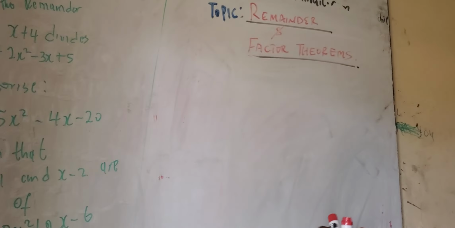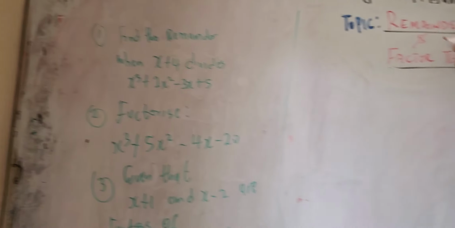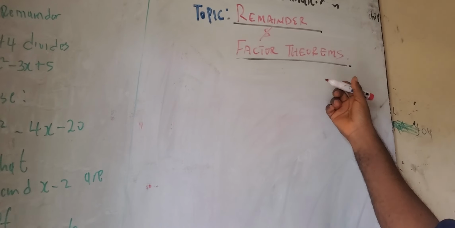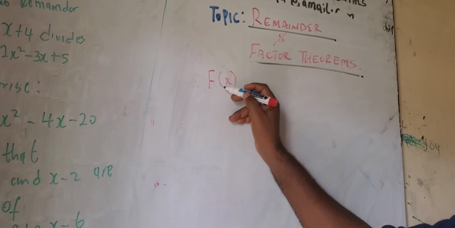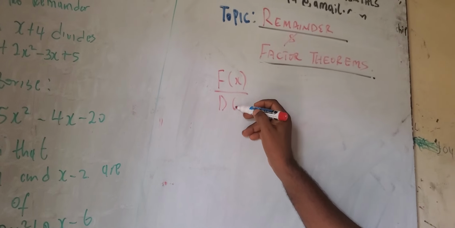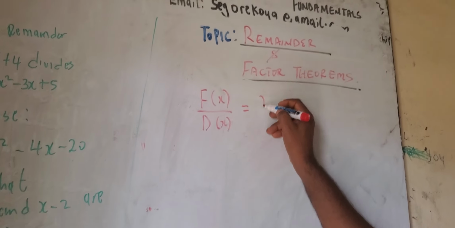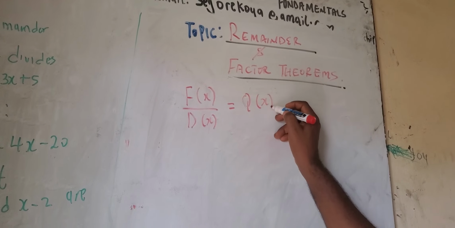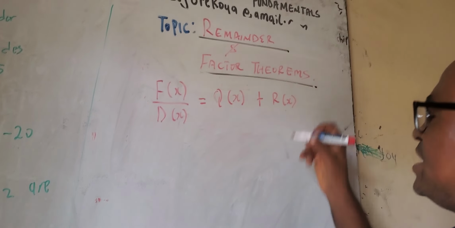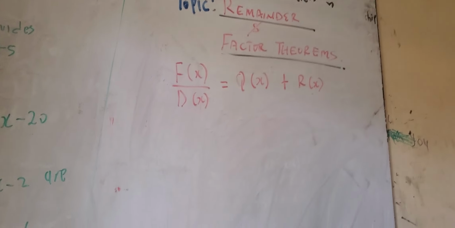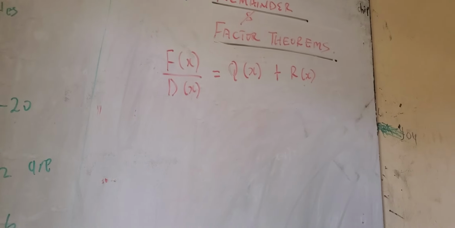Before we solve that, I want to introduce the idea of the remainder and factor theorem. Normally, the polynomial f of x, we divide it by a divisor d of x. It will give us the quotient q of x, plus the remainder function. This remainder function may be a variable function or a constant function.